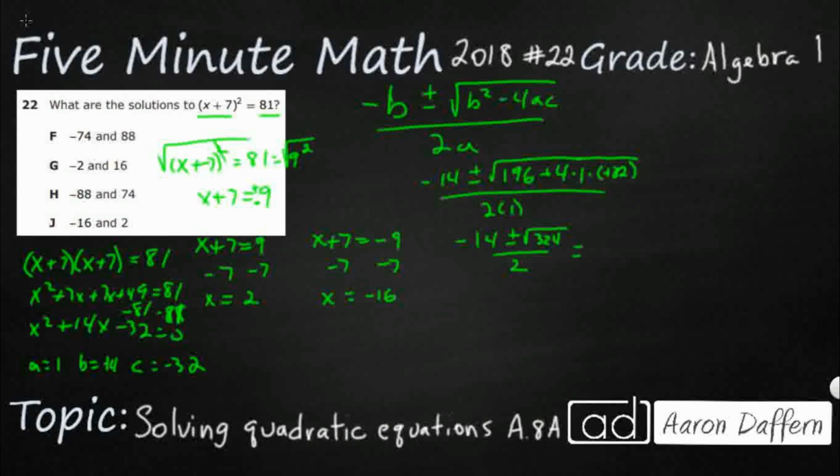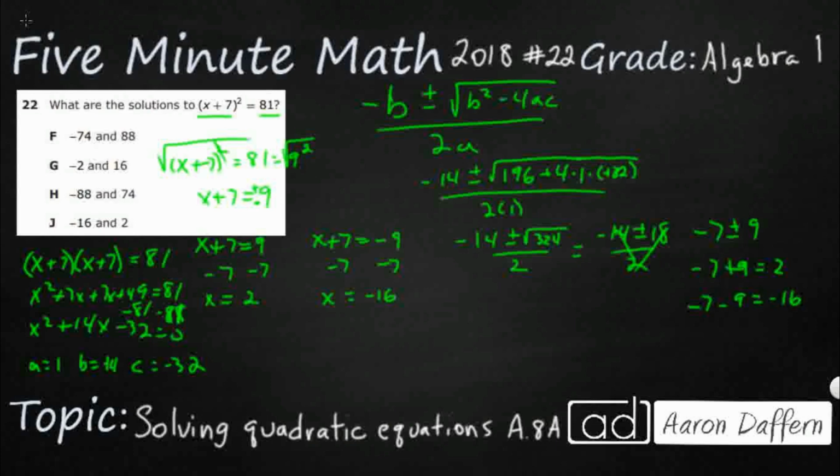Right, so negative 14 plus or minus 18 over 2. We can actually just go ahead and divide both of those terms by 2. Negative 7 plus or minus 9. Look familiar? We just did that. Right, so negative 7 plus 9 equals 2. Negative 7 minus 9 equals negative 16.